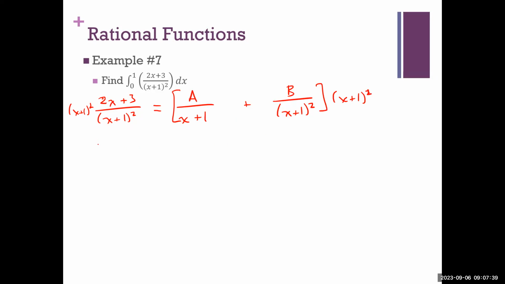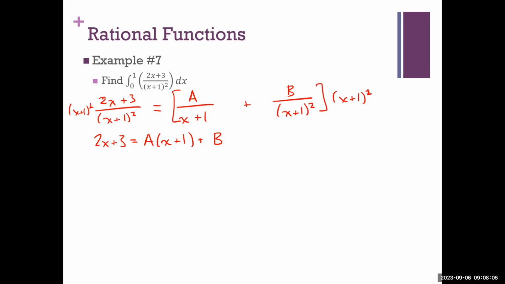On the left-hand side, I have 2x plus 3 equals a times x plus 1 plus simply b. So all that to say, yes, you could start plugging in x's from that first step. I think it's going to be a lot more manageable here.